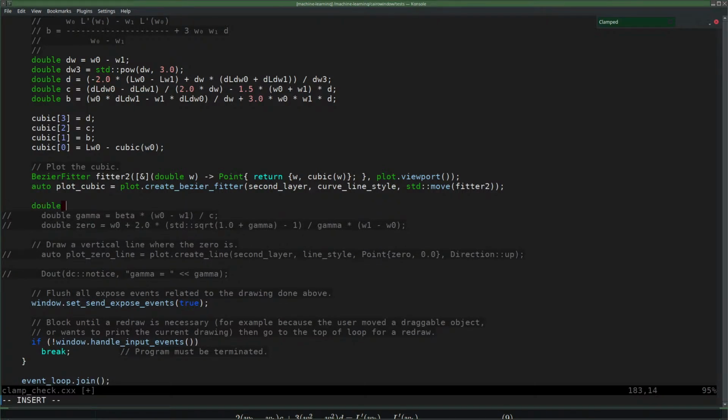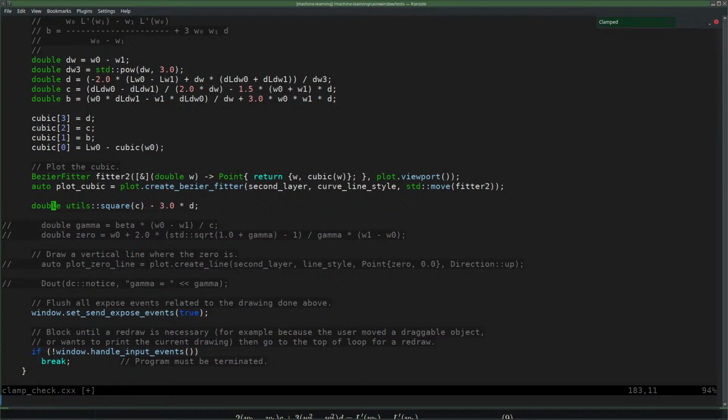Double. How shall we call it? D? The D of discriminant.